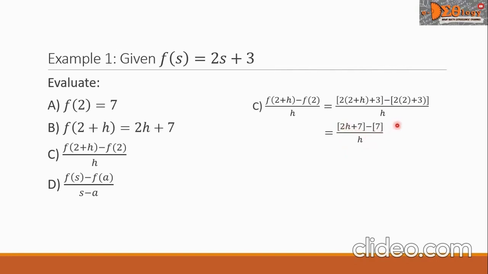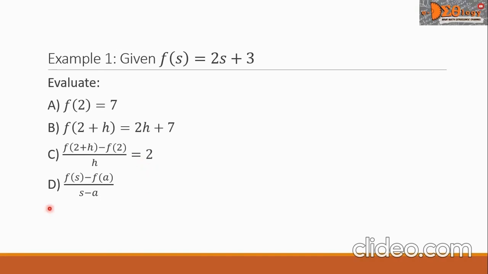It becomes 0. So on the next line, we can put here 2h all over h. And the h in the numerator and in the denominator can be cancelled out. So we have now our final answer to be 2. And we can write this answer opposite letter C here.